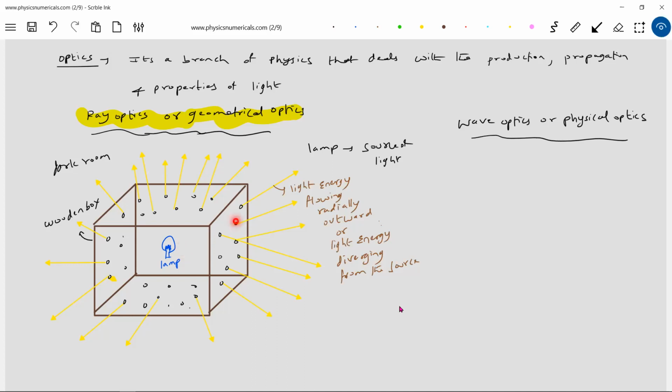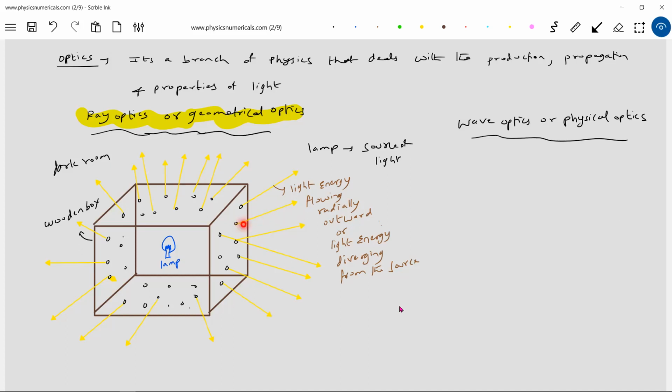Now these holes, I'll decrease the size of the area of cross section of these holes. Definitely the thickness of this beam will also decrease. I'll make the size of the hole so small that I can assume it like a single line. This is only a theoretical assumption.